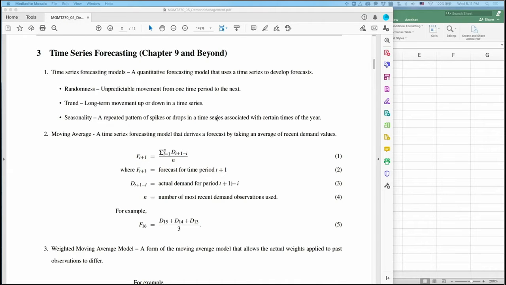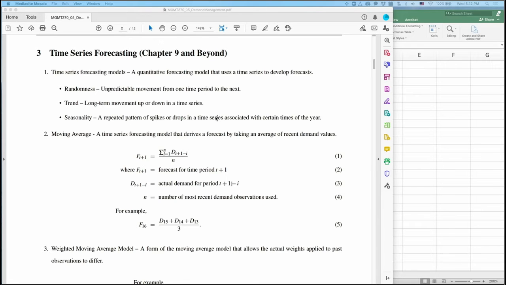In time series forecasting, we have some trend, we have some seasonality, and we might have a randomness factor. Out of these, the very first and simplest idea is to use a moving average. In the moving average case, we simply take into account a certain number of previous records.